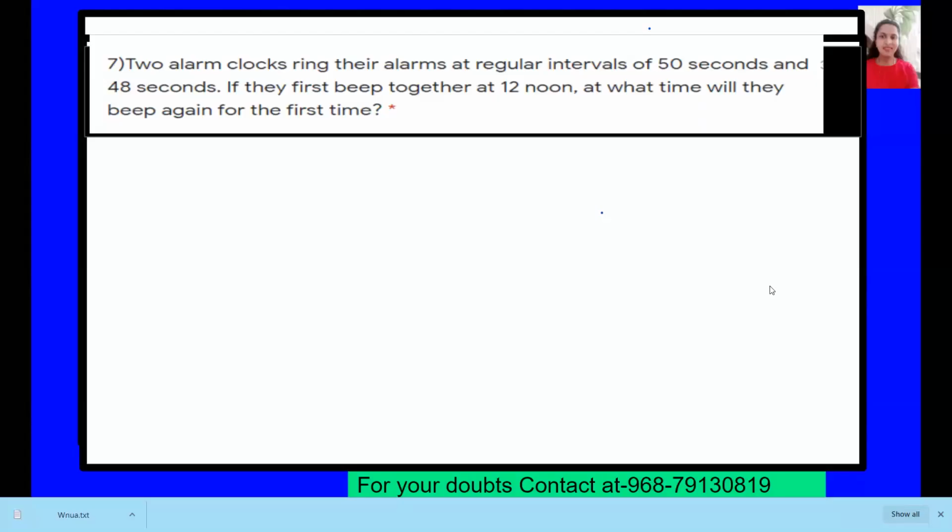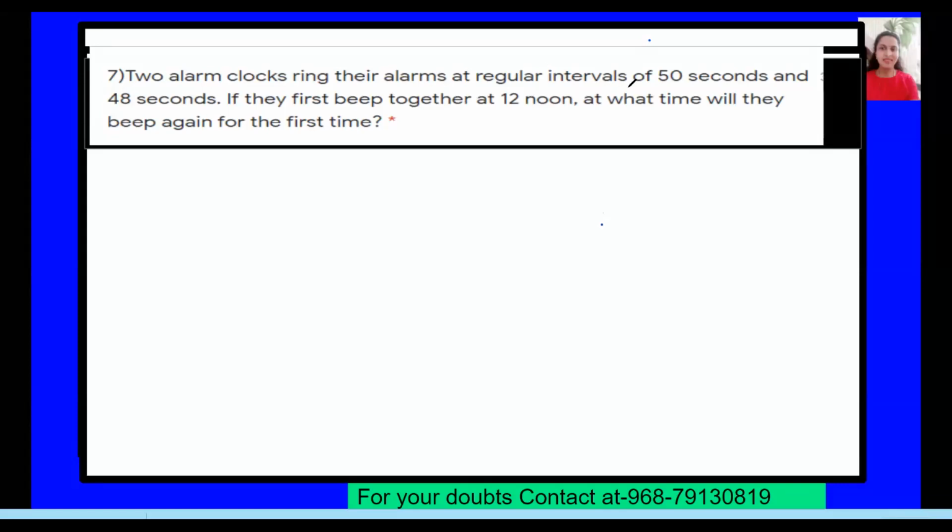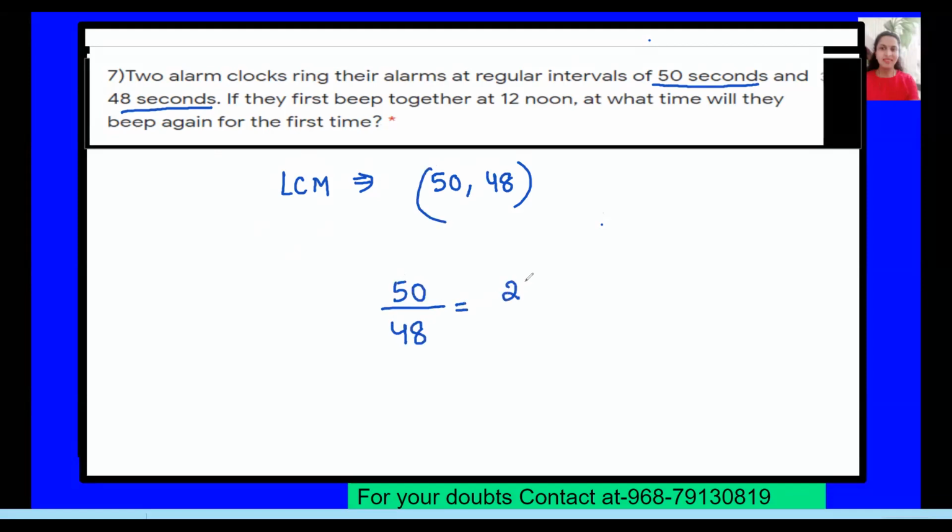Now in this question, just pay attention. Two alarm clocks ring their alarm at regular intervals of 50 seconds and 48 seconds. So when they will next ring together will be the LCM of these numbers. So LCM of 50 and 48, how much will it be? We can use the proportional method because I find this one the easiest. 2 times 25 and 2 times 24, and then we will cross multiply.